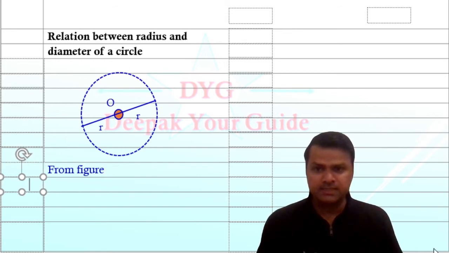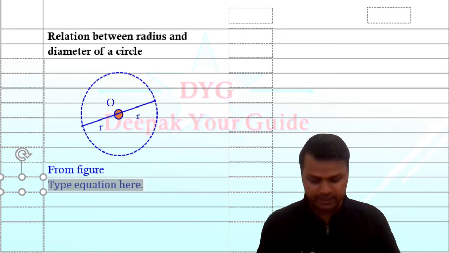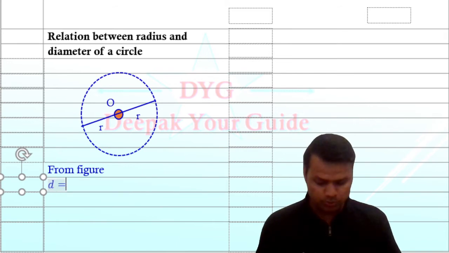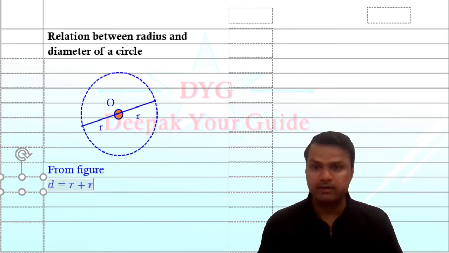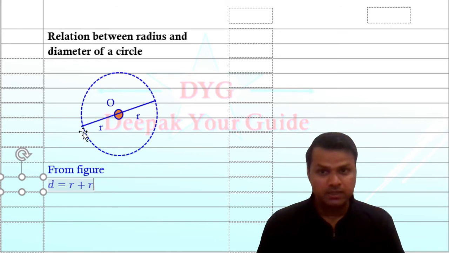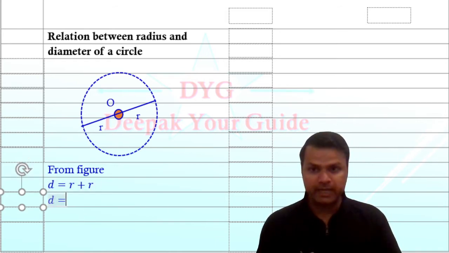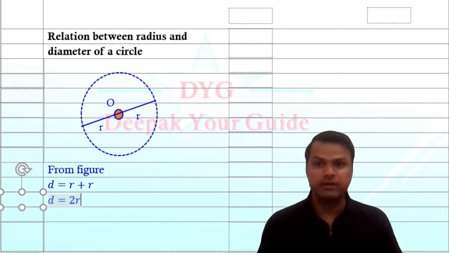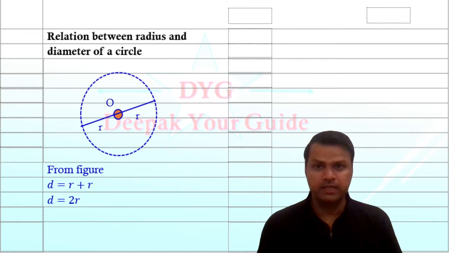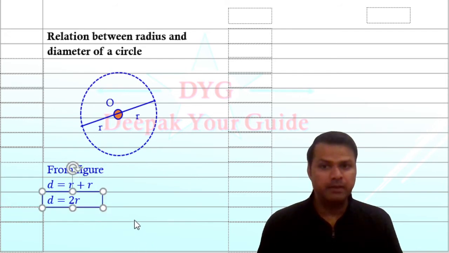From figure, I can see that diameter, which is represented by D, equals R plus R. See here in this figure, diameter is equal to R plus R. That means we can simply say that diameter is equal to twice of radius. This is the important relation that you should remember. Formula that we will be using many times depending on the question. So this is one important formula or the relation that you should remember, that diameter is equal to twice of radius.